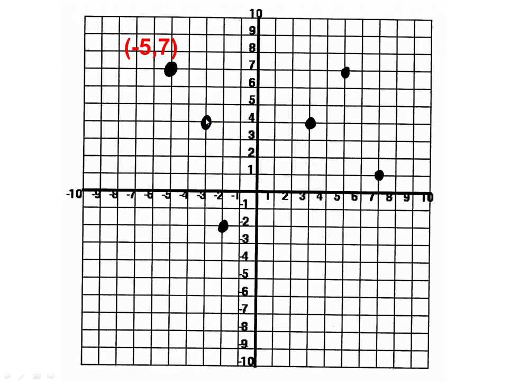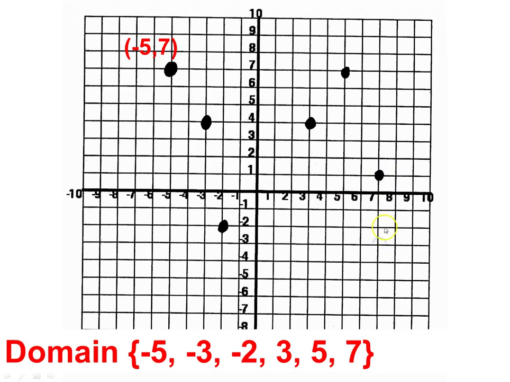And the x value for this point is -3. And the x for this one is -2, 3, 5, and 7. So if somebody asked me for the domain, I would just pick the x values for each one of these points.